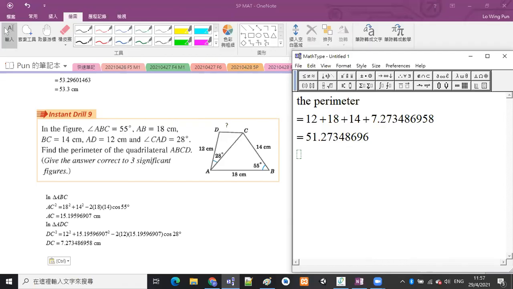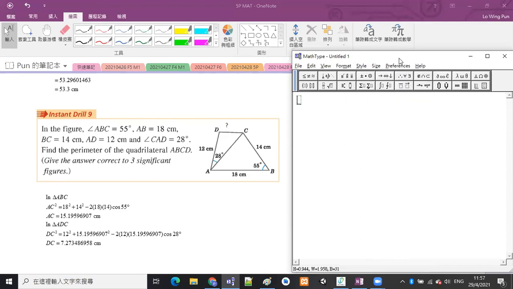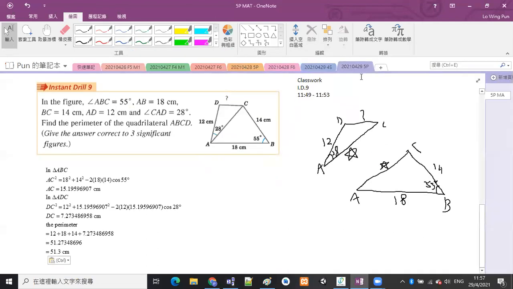But this is the final answer, so you may correct this to 3SF, and that should be 51.3 cm. Okay, so that is the final answer.